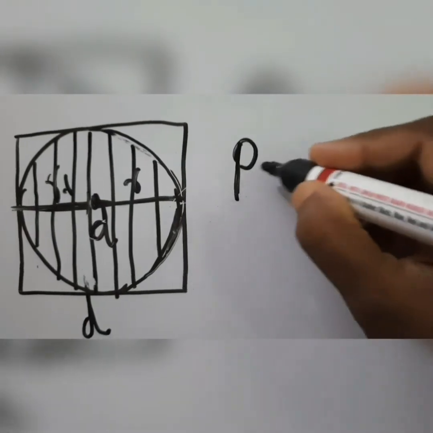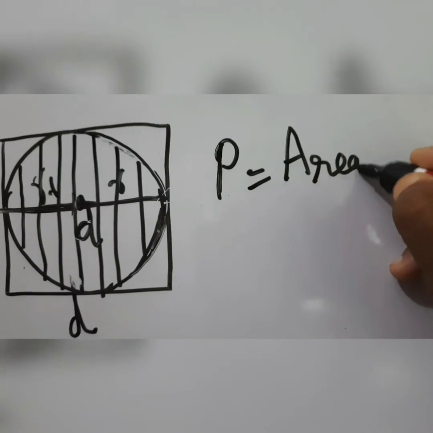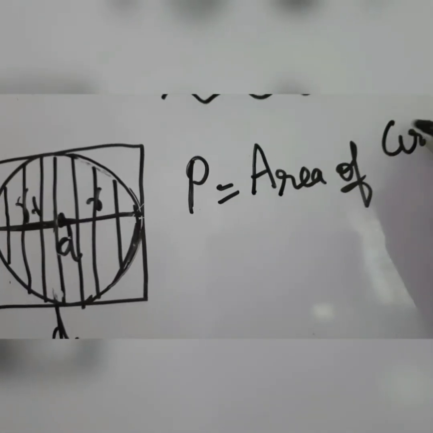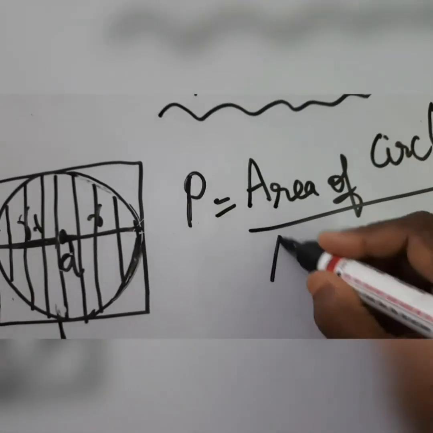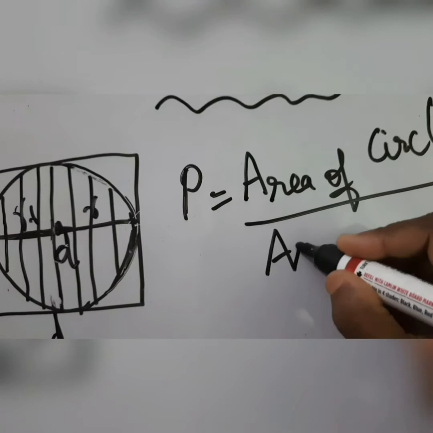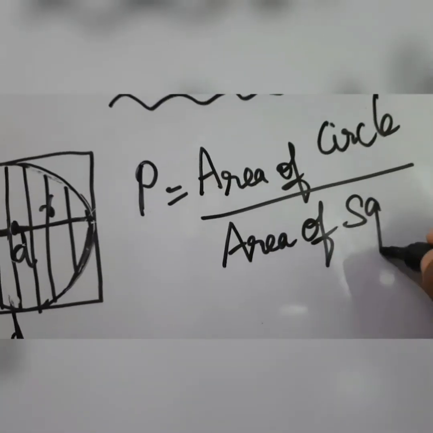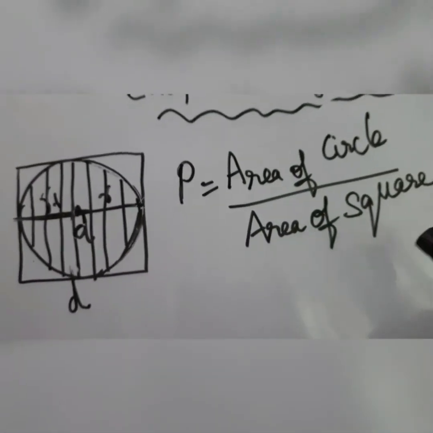Probability is equal to the area of the circle divided by the area of the square. The area of the square is the total area, so it will come in the denominator.